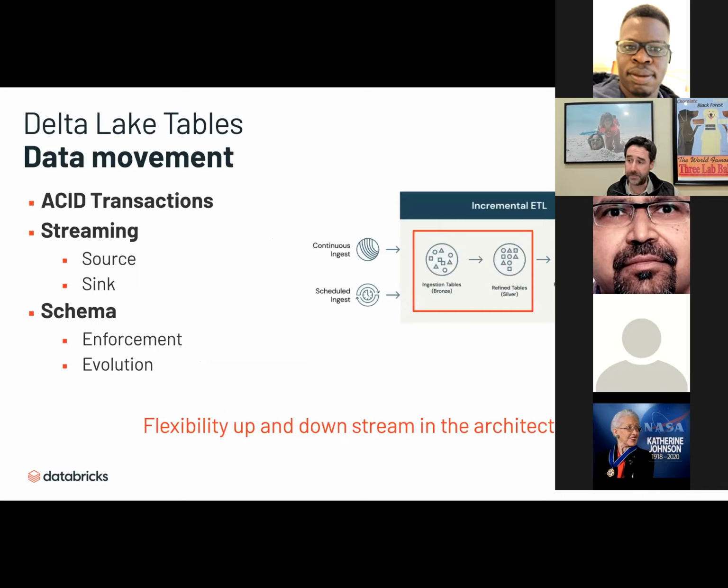The Delta part of this is essentially the ACID transactions. Each one of those versions is associated with an atomic ACID transaction that happens. Each table is very easily used as a source and a sink of streaming. And then also, of course, the schema enforcement and also the evolution.